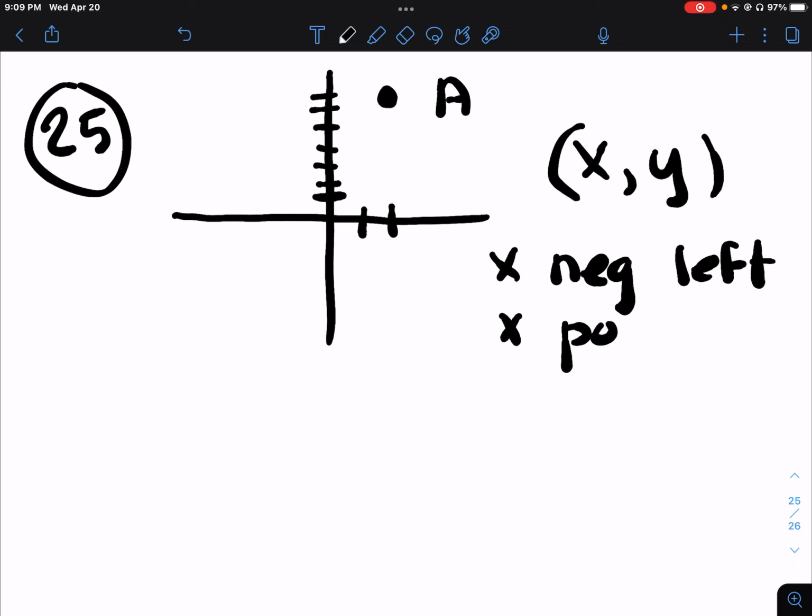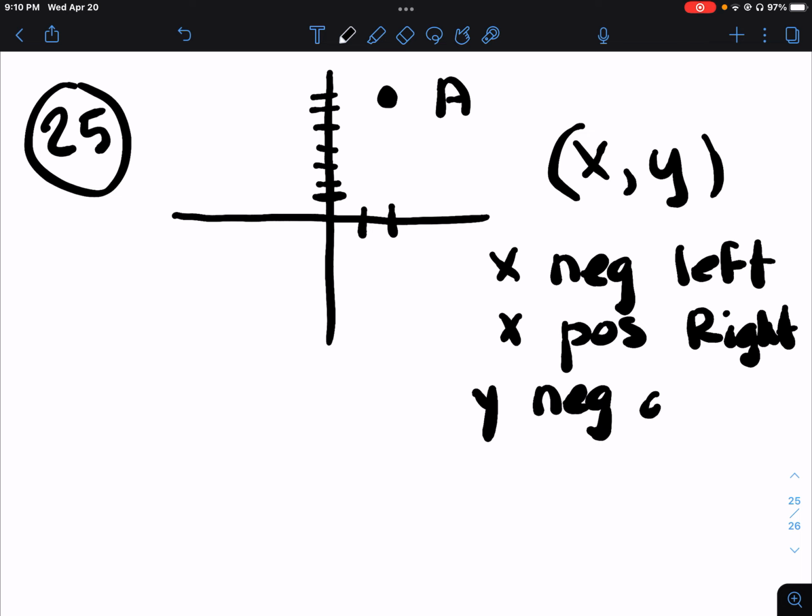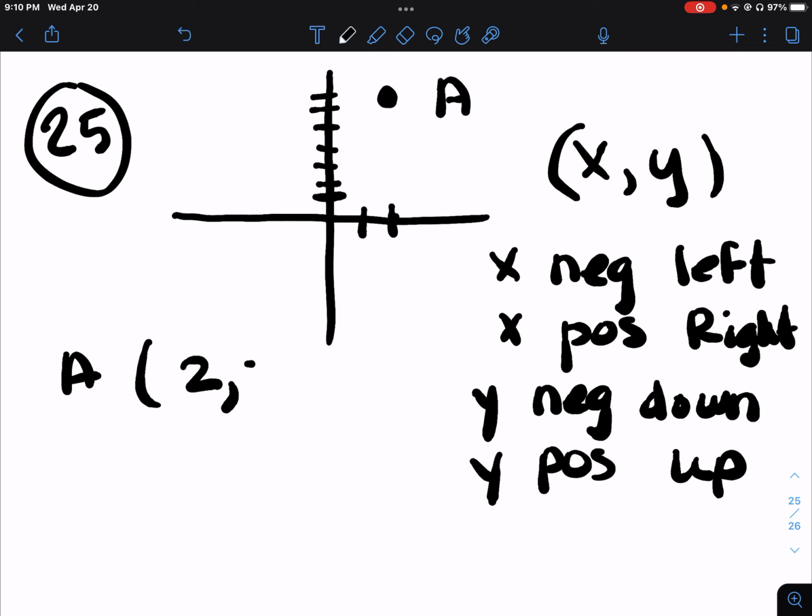When X is positive, right. When Y is negative, down. When Y is positive, up. So X is first, so you do the left and right first. X is right 2, up 7. So point A is 2, 7.